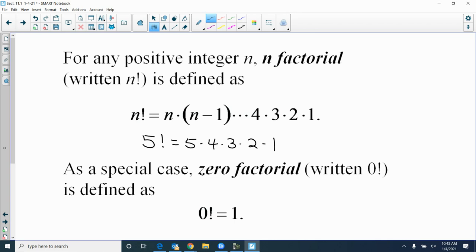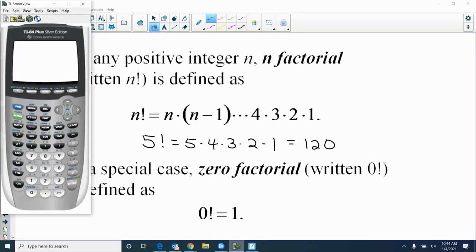5 times 4 is 20. 20 times 3 is 60. 60 times 2 is 120. Yes, there is a button on your calculator. There's probably a button for everything on these calculators. It is under the math menu. If you go over to the fourth one, or you go 1 to the left, that's a probability menu.